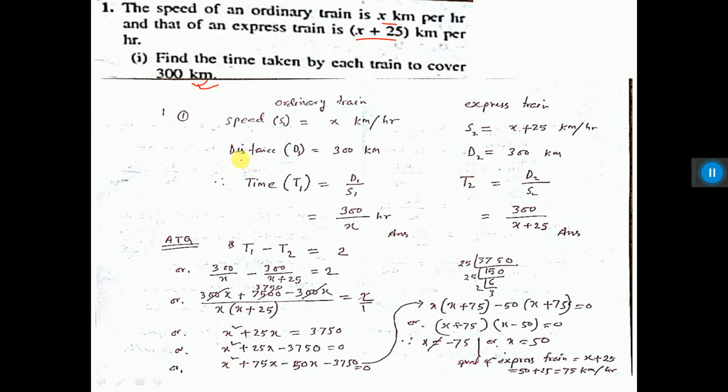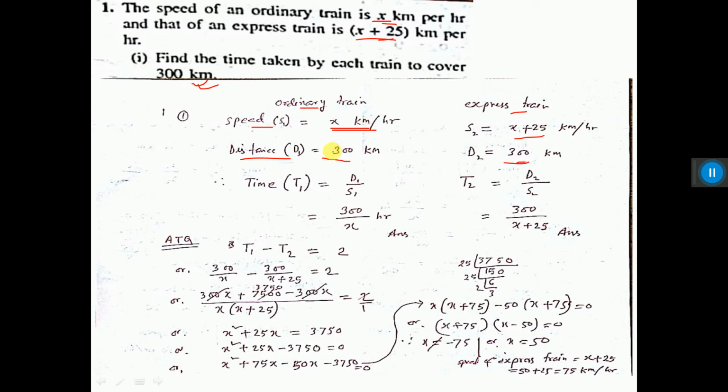So the distance is 300 km for both the express train and the ordinary train. The ordinary train speed I consider x km per hour. The express train speed I have not considered, it is given in the book: x plus 25 km per hour.